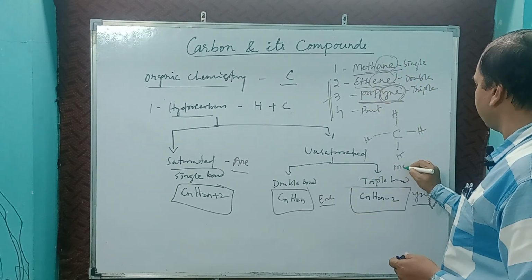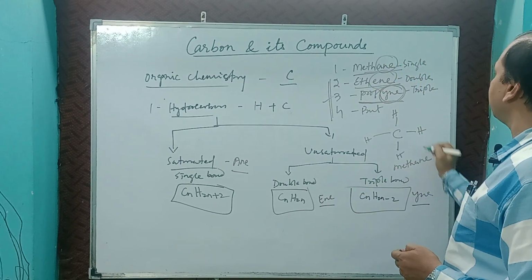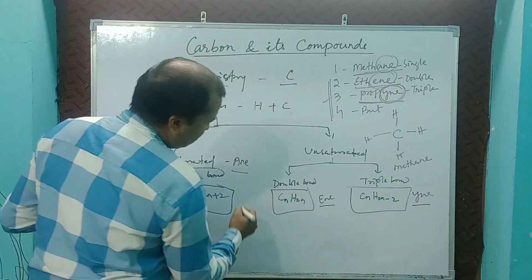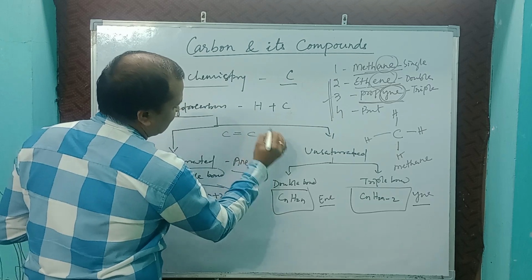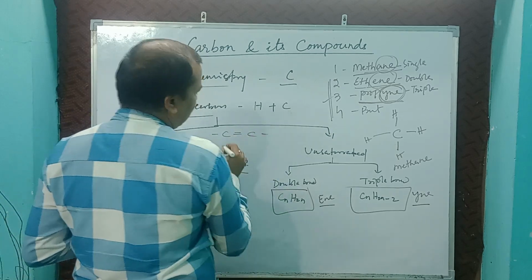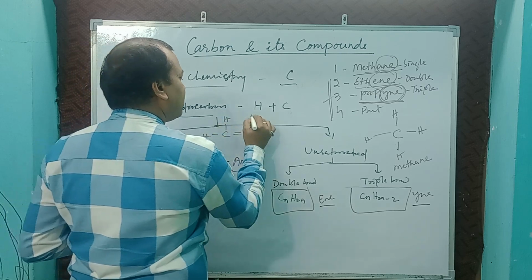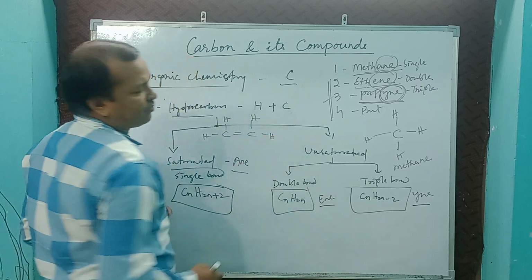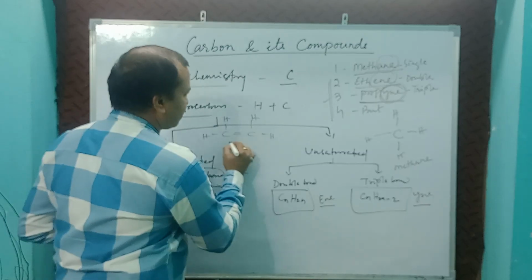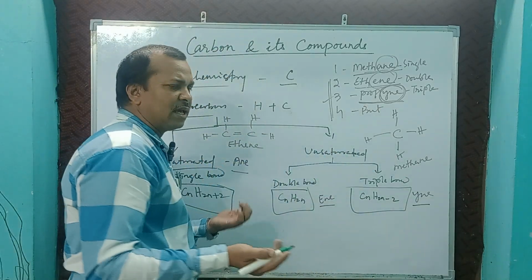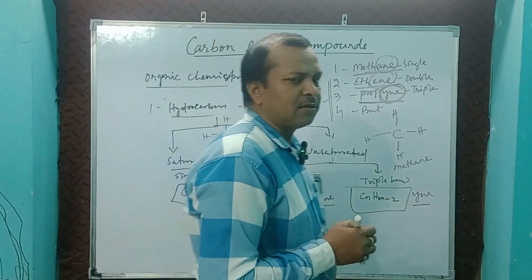If we draw ethene, I will go like this, C and C, then H and H. This is ethene. For propyne, the same thing, one triple bond will be there. So is it clear now?